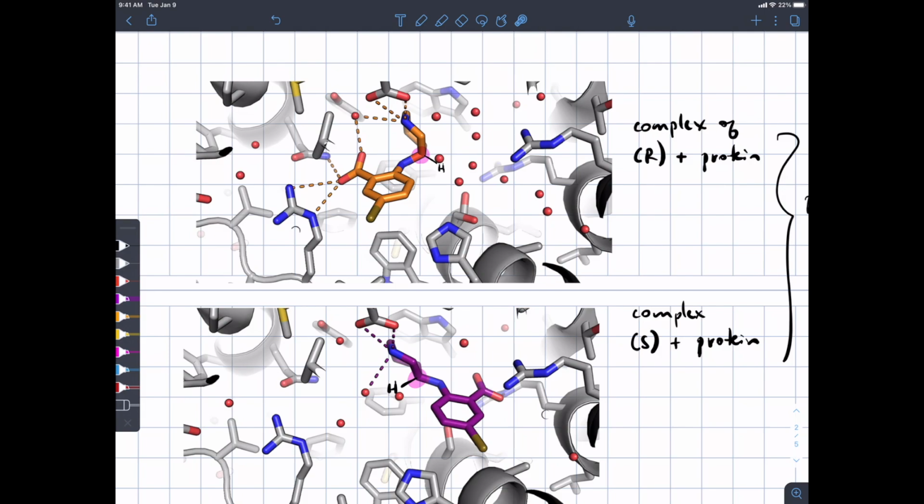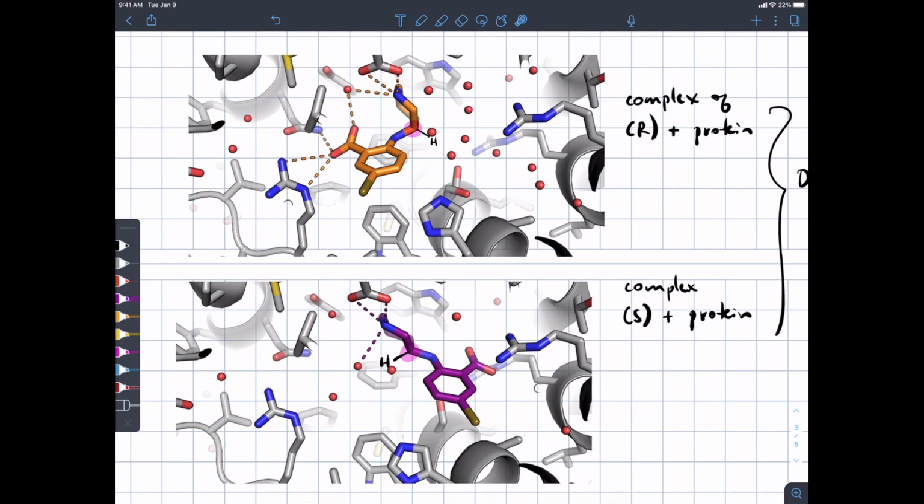Okay, so the two inhibitors are enantiomers of each other. Right. But the enantiomers plus the protein stuff make diastereomers. Exactly. The orange and purple are enantiomers of each other, but when bound to the same chiral protein, those two complexes are diastereomers. Yep.